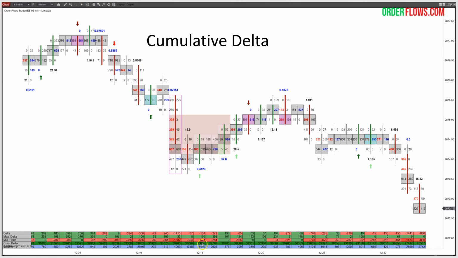Up to noon, you're at plus 30,000. You're probably not going to get that reversed over the rest of the session. You're averaging 100 or 200 contracts per bar of delta, positive or negative, and the math is not on your side. It's just not going to happen.